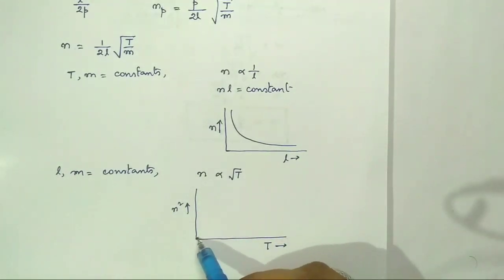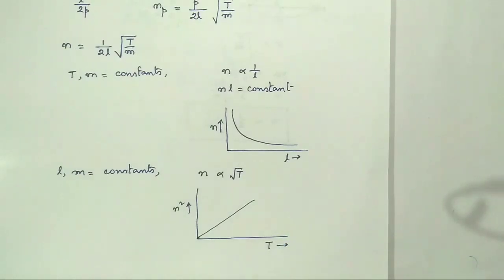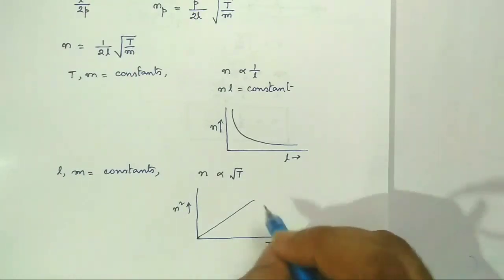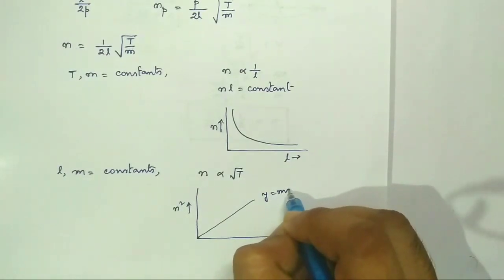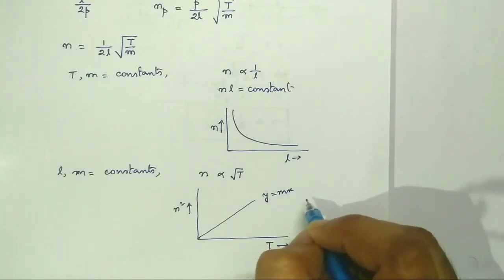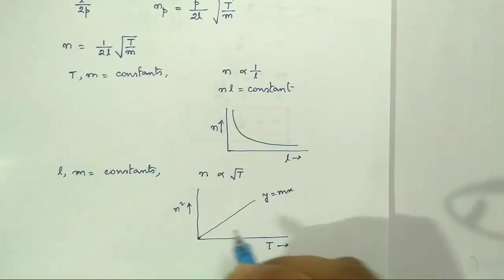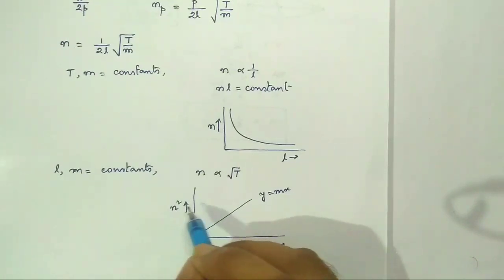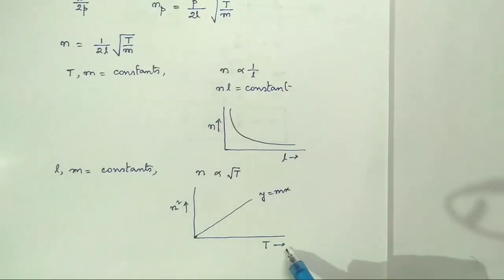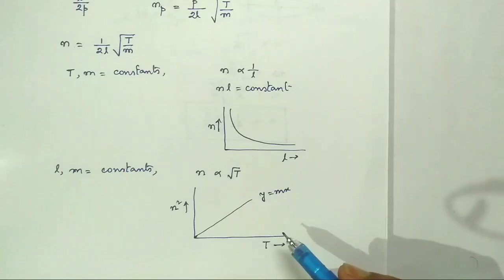It will be a straight line passing through origin. This graph is something like y equal to mx, where c is absent, that is, it will pass through the origin. Hence, the N square versus T graph will be a straight line passing through origin.